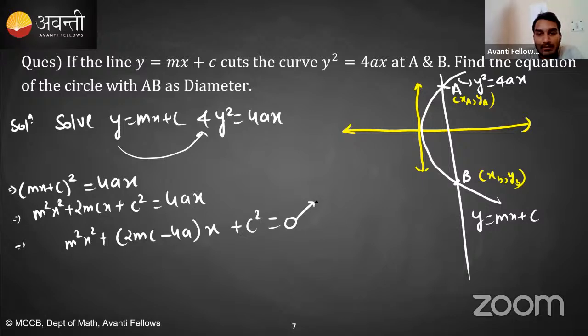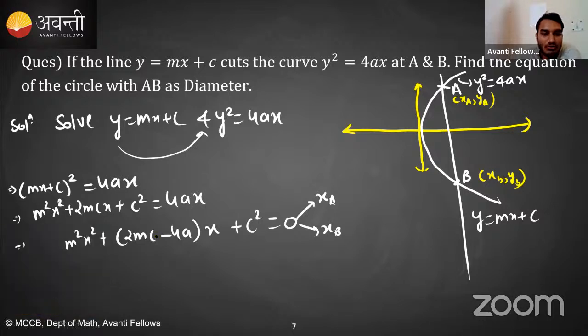The two roots will be nothing but the x coordinates of A and B, xa and xb. Is this clear, students? We solved both curves and got a quadratic in x, so we will get the x coordinates of A and B, which are xa and xb.